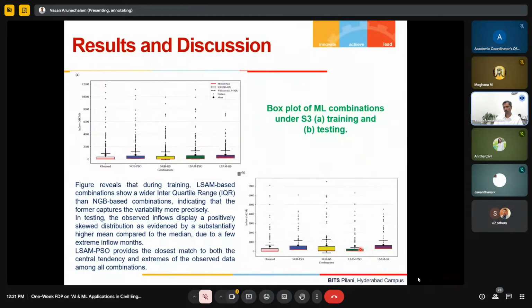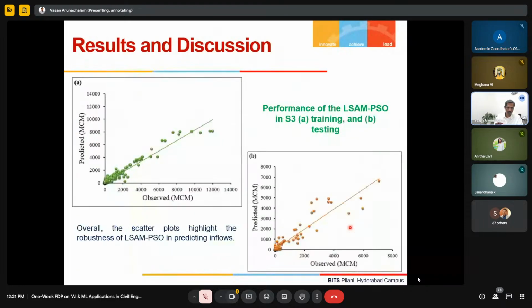That is what you see from the observations with respect to all these scenarios. I'm not getting into the details of the analysis. This is also one more thing which we did with respect to the performance of all these results that you see.